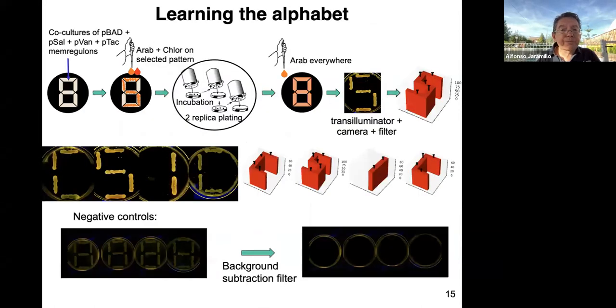And here we can do a few things just to warm up on this type of computing. This is like learning a digital alphabet. There has been work by, for instance, Chris Voigt on creating a gene circuit with a lot of logic gates, I think with a 70 kilobase DNA footprint, to create a digital display.